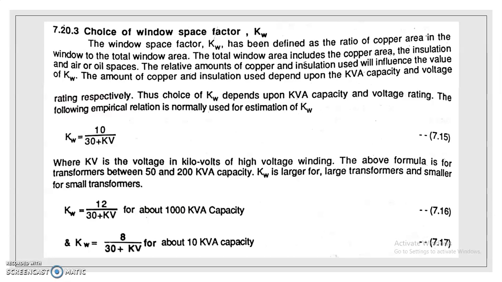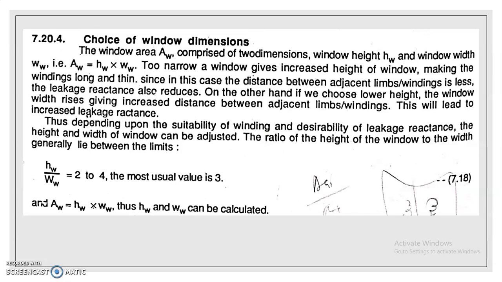For higher capacity, nearly about 1000 kVA, you can choose Kw equal to 12 upon 30 plus kV, and for 10 kVA capacity you can choose Kw equal to 8 upon 30 plus kV. This is about the choice of window space factor Kw.